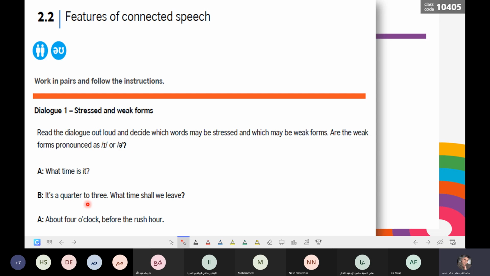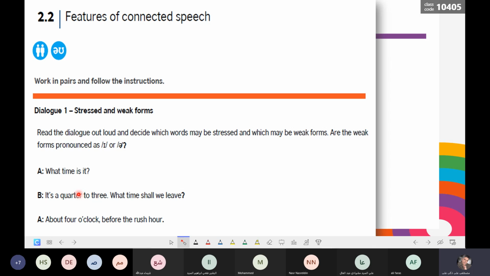Okay. The same thing here for Miss Shayma. It's quarter to 3. It's quarter to 3. The words that are going to be stressed and emphasized are the word quarter and the word 3, because they are very important. But it's and to are going to be weak words, okay?